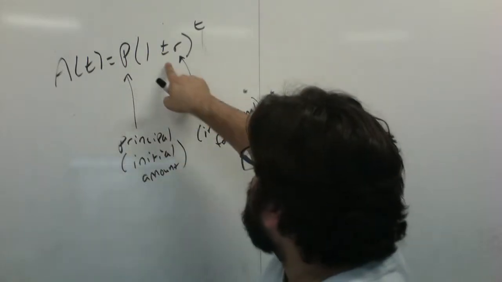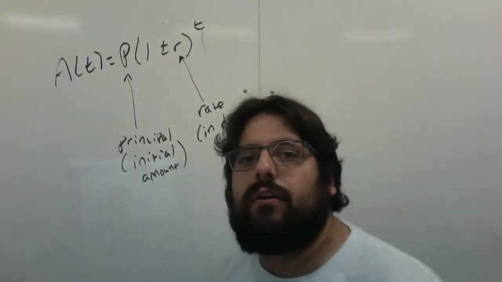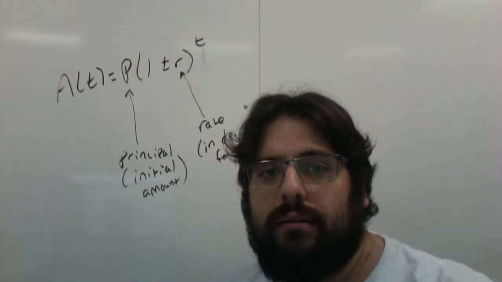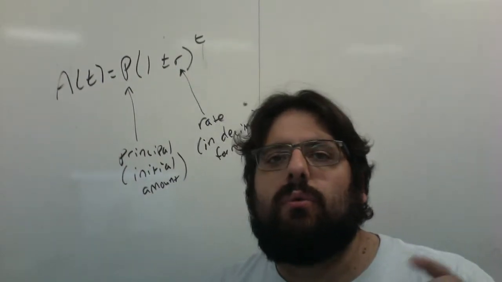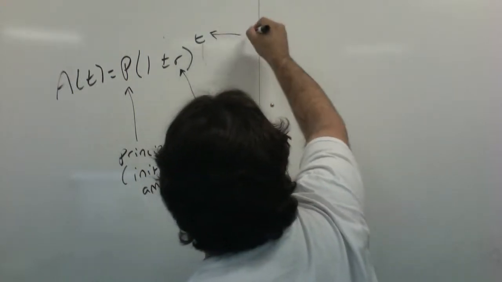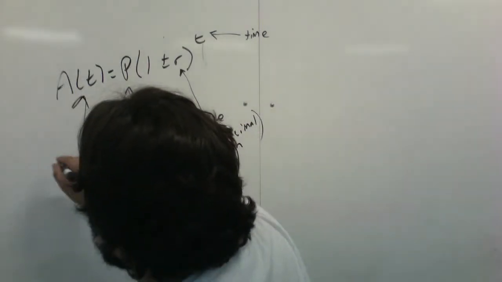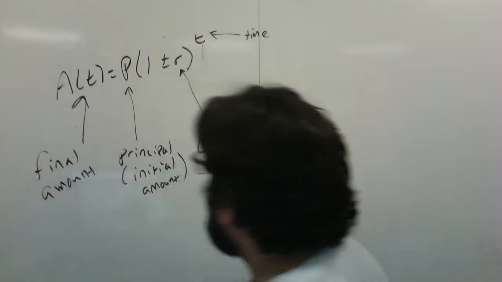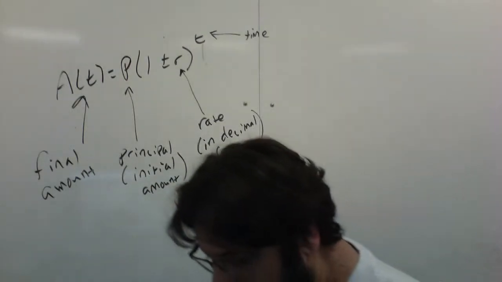Now, this right here is used based off of whether your population or your amount is growing or decaying. If it's growing, then you use 1 plus r. If it's decaying, then you use 1 minus r. T is going to represent time. And then this right here, A of t, is the final amount. That's the amount that you're getting back after that time has passed, right?